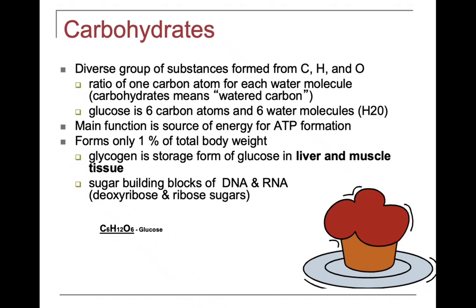And now glucose can enter the cell, and the glucose has to be broken down further and further eventually to give us that ATP, okay? But the very first step of breaking glucose down into pyruvic acid is called glycolysis.